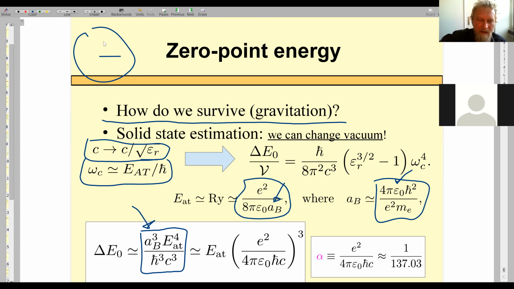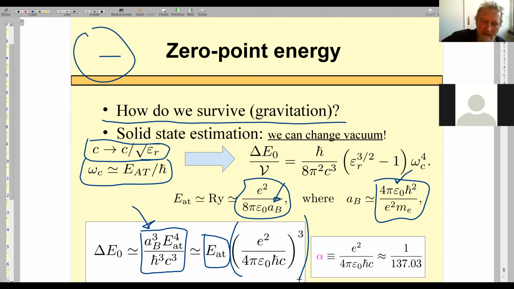divided by volume, which I will eventually take as atomic volume. Right, and what will I get? I get atomic energy with some coefficient. Let us look in a little more detail at this coefficient.